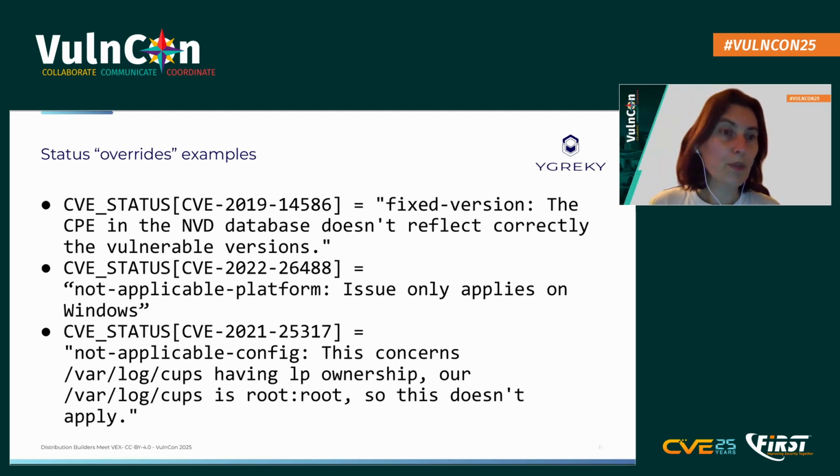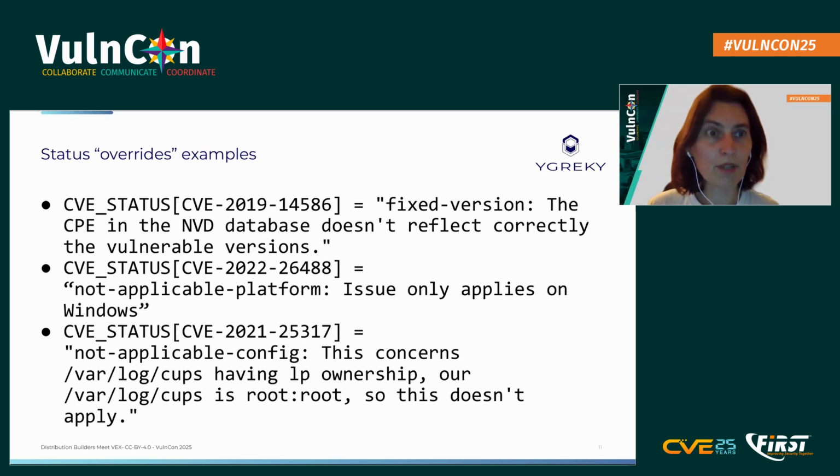The Yocto Project is used to build Linux distributions, so issues that happen on Windows only do not apply in our case. So the product doesn't have that vulnerability. It's not exploitable. And then the third example, even more complex.